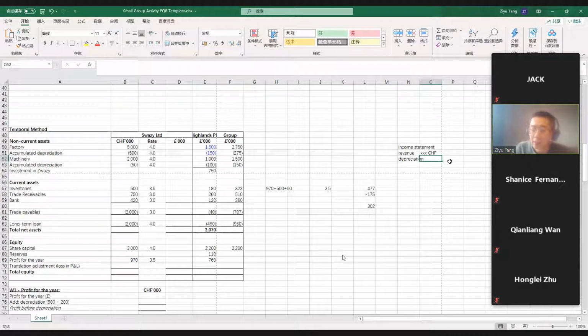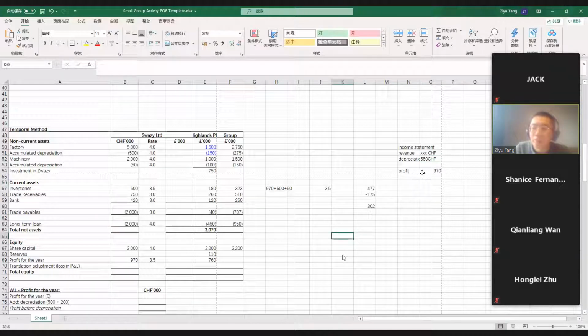Deduct the depreciation, for example, also XXX CHF, to calculate the profit, right? So profit is equal to 970, and the depreciation is equal to 500 plus 50, so it's 550 in CHF, right?